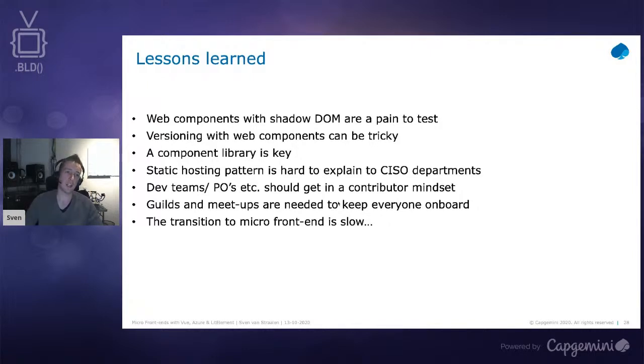This basically is to make sure that everyone knows these components. And the static hosting pattern is quite hard to explain to CISO departments. And basically, scoped elements. Sorry, guys. Here we go. I got it now. So if you want to make multiple versions of a web component, you can use scoped elements. And just Google it, and this can help you.